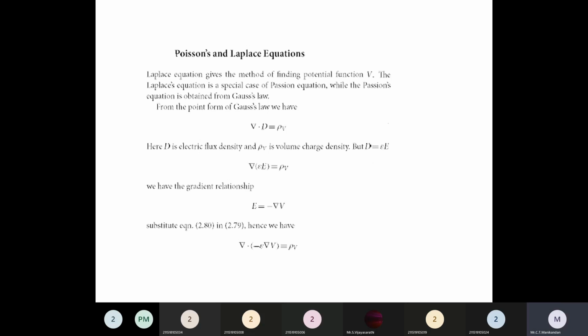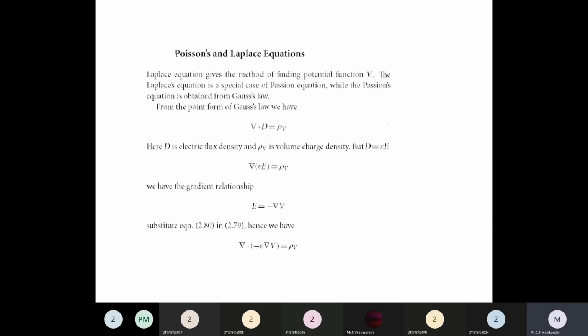In GATE, they will ask this as a statement: what is the divergence of the flux density? Divergence of flux density is nothing but volume charge density rho v.